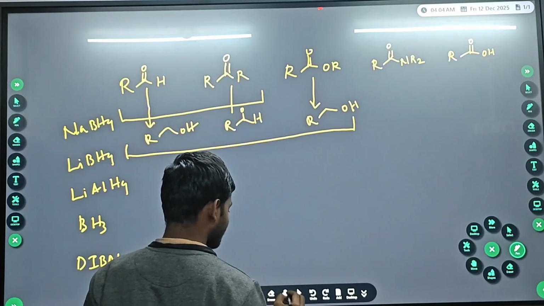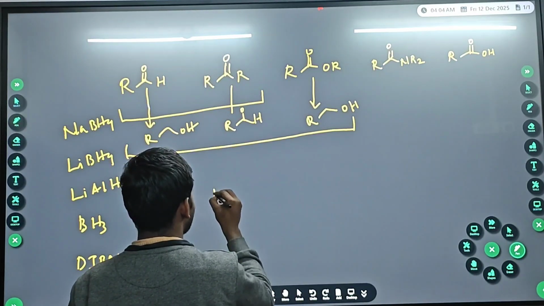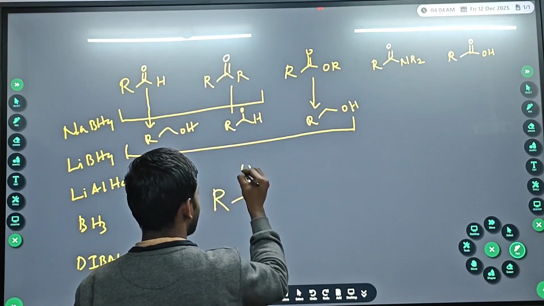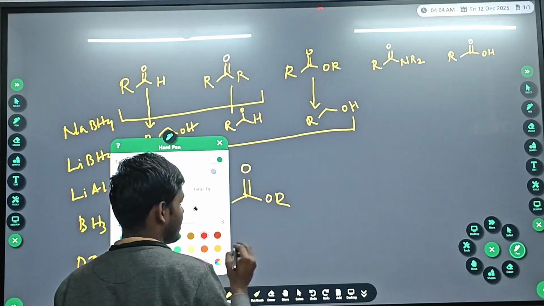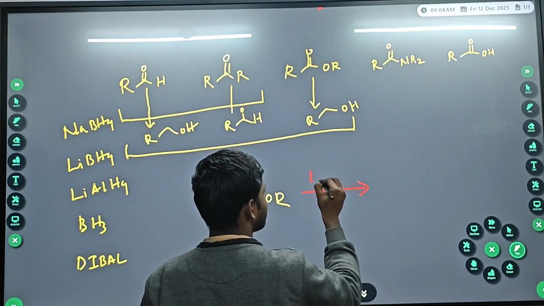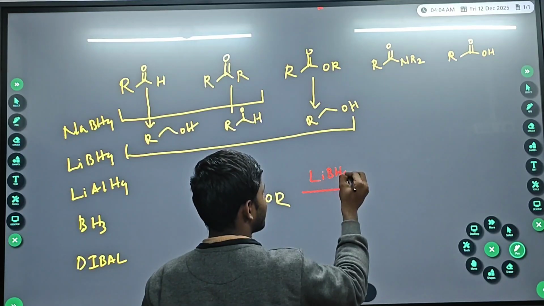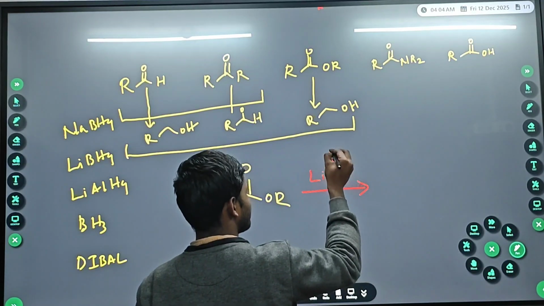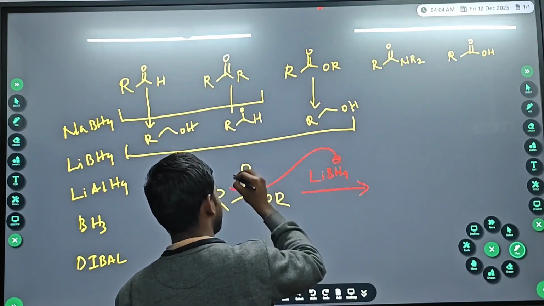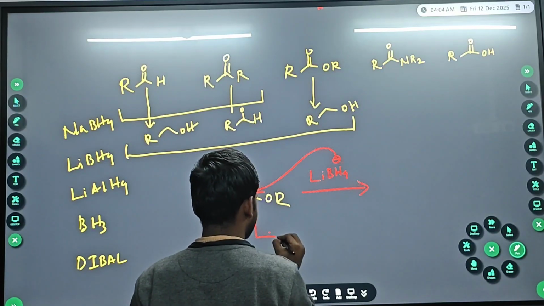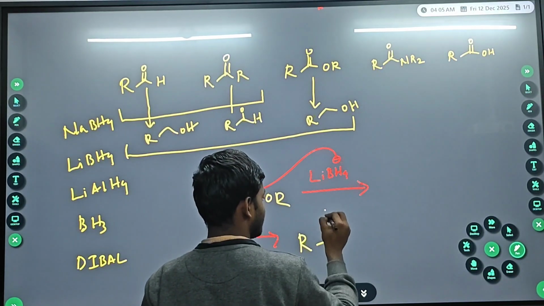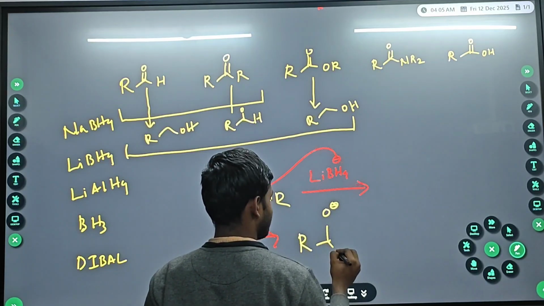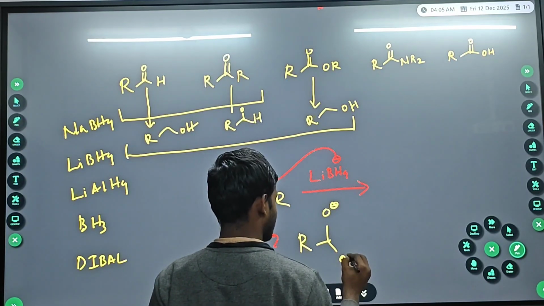First of all, in this case, let's say R O R. As I know, lithium borohydride attacks. As usual, how does the attack happen? It opens. After this, there is one tetrahedral intermediate, OR.